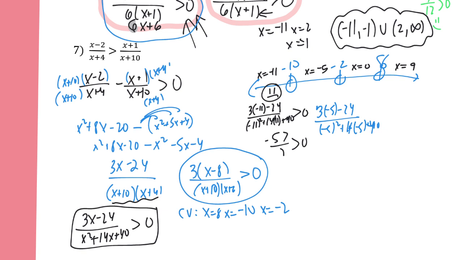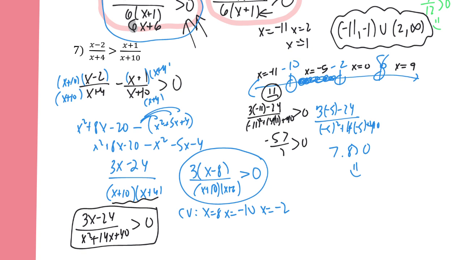And guess what I got? 7.8. Is 7.8 greater than 0? Yes. So that means -5 works, and probably everybody else will work too. If you want to try more points, you can knock yourself out.